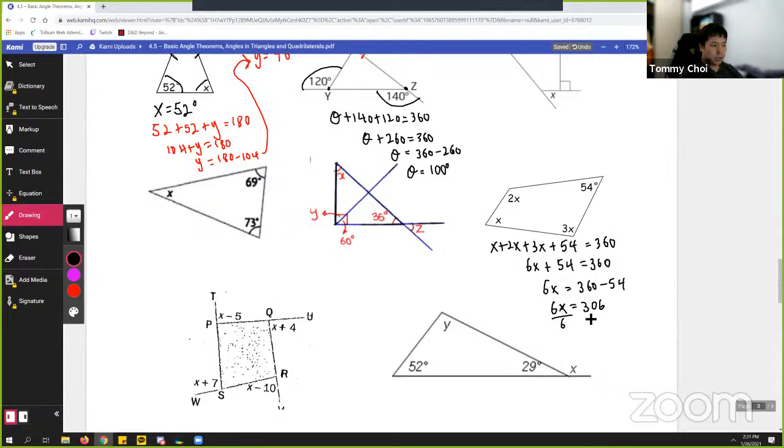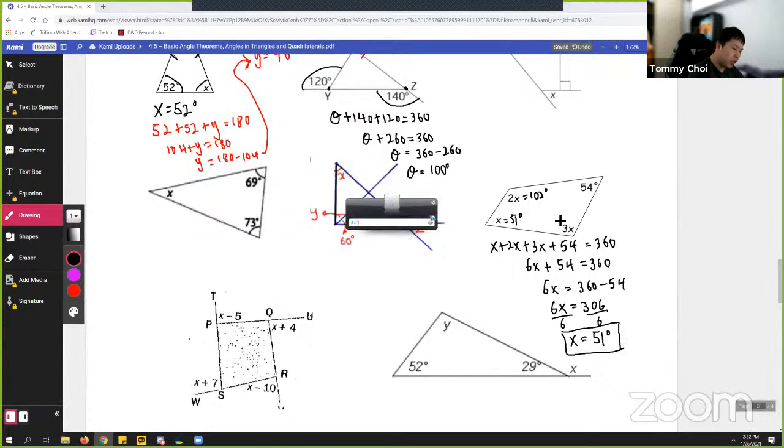Then we divide by 6 on both sides, which gives me 51 degrees as x. 2x would be 102 degrees, and 3x would be 51 times 3, which is 153 degrees. And now we have our three angles.